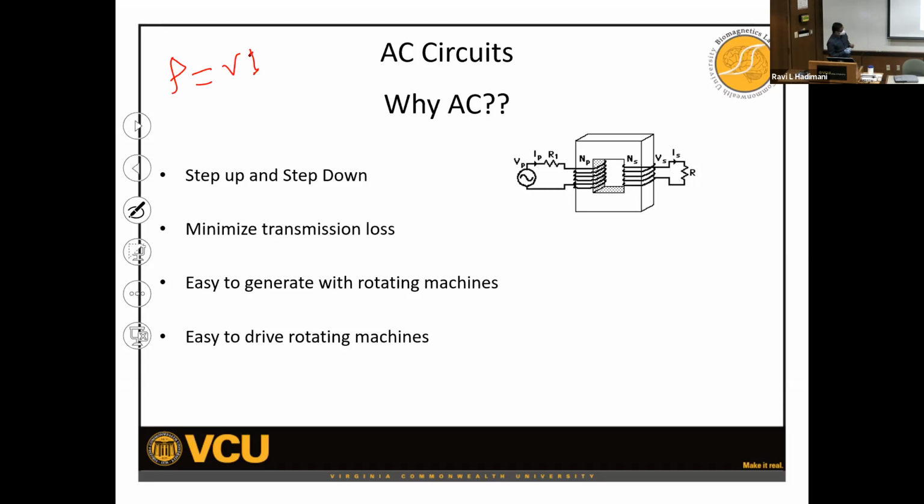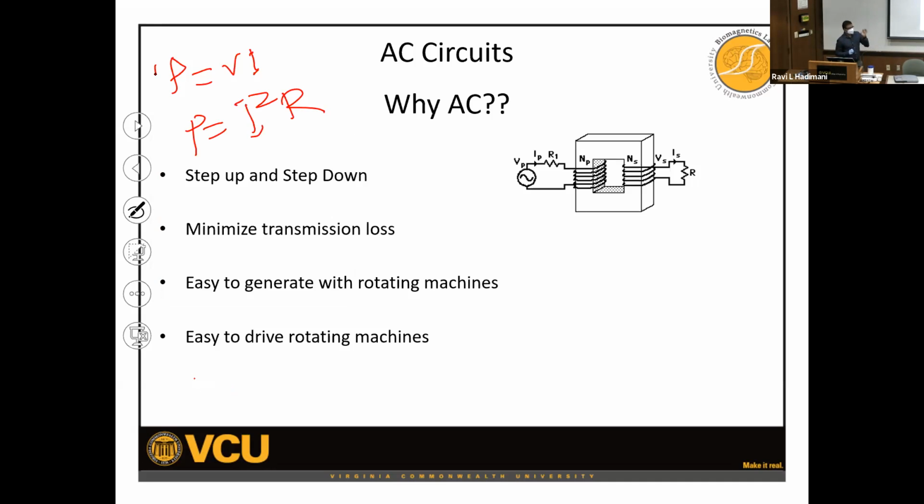So for a specific power, if you want to transmit the energy across large distances, the power loss in the lines is P equals I square R. So for a constant power, if you want to transmit, you have to have certain voltage or current, but the power loss in the transmission line is I square R.